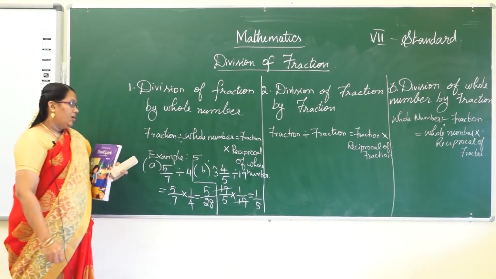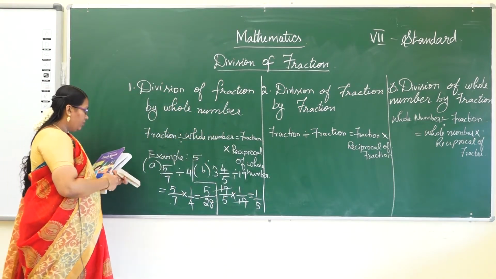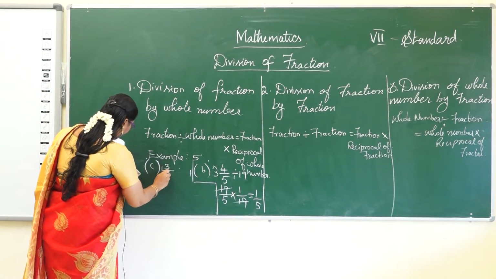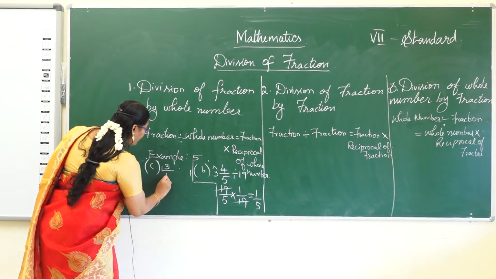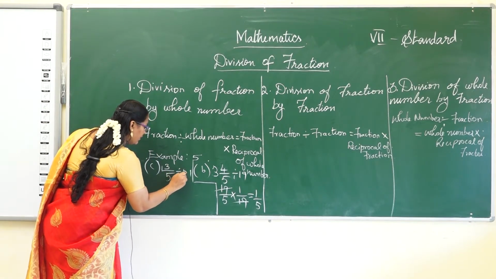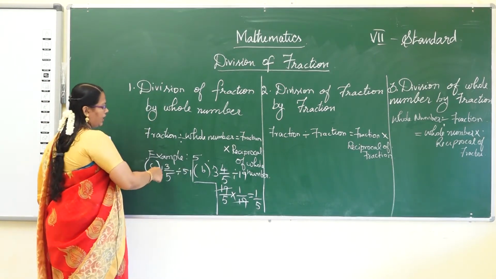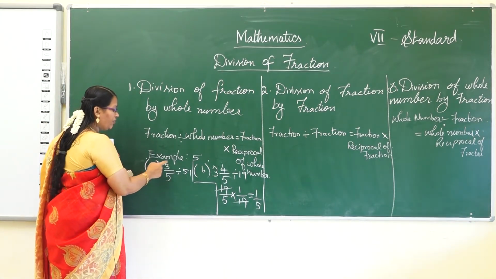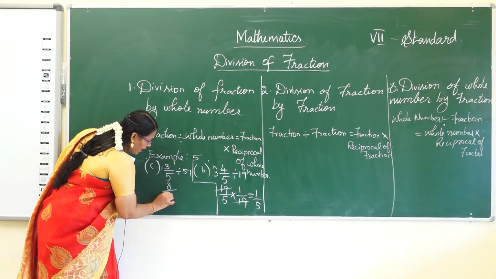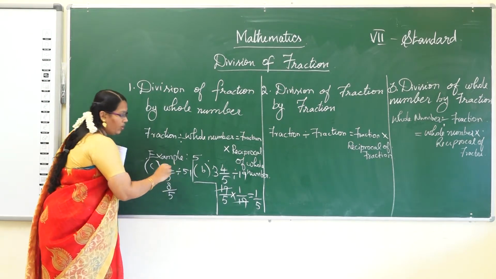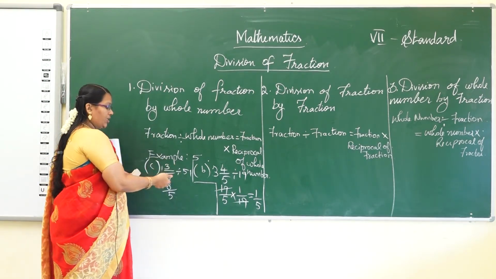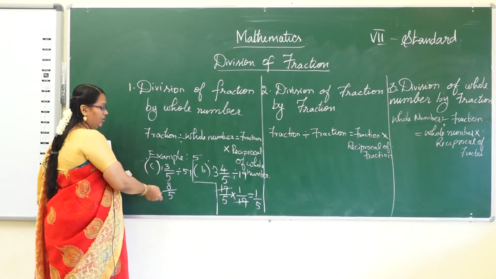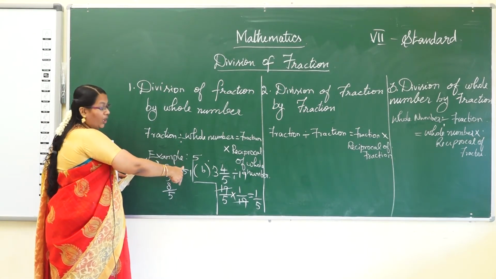One more example. In example 5, 1 3 by 5 divided by 5 is given. Here also the mixed fraction is changed to an improper fraction. 5 ones are 5, 5 plus 3 is 8, so 8 by 5. For a mixed fraction divided by a whole number, we multiply the fraction by the reciprocal of the whole number.